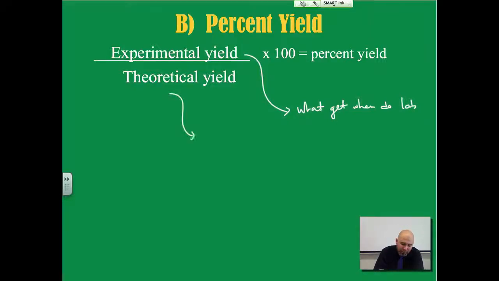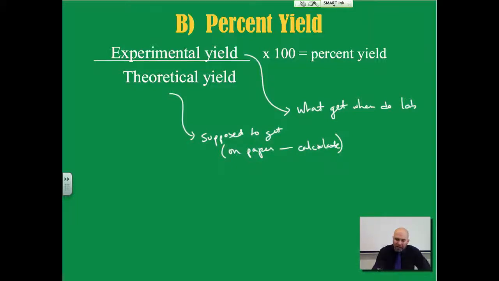The theoretical is what you're supposed to get, and I'm going to calculate it on paper. Theoretically, what are you supposed to get? So that's the experimental and percent yield.